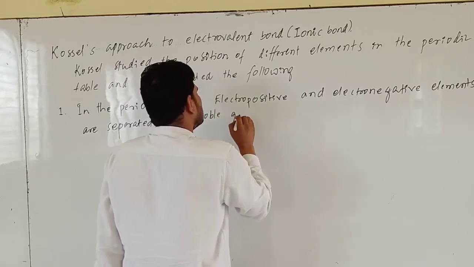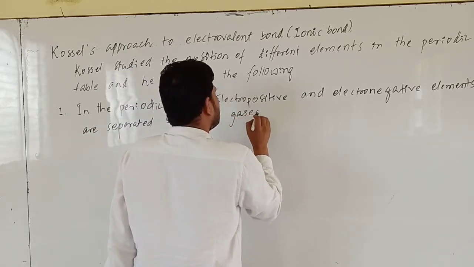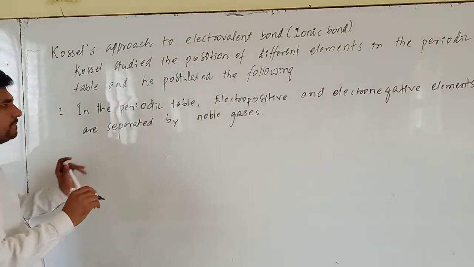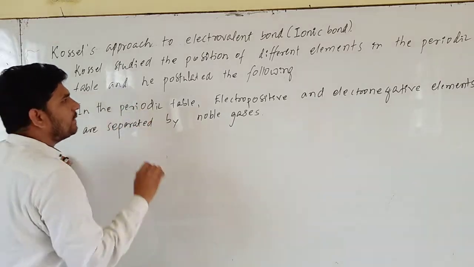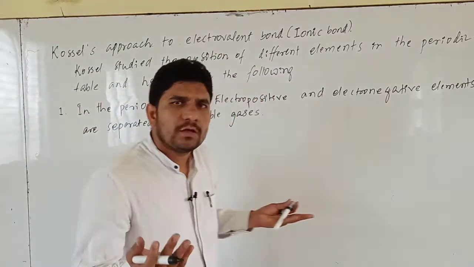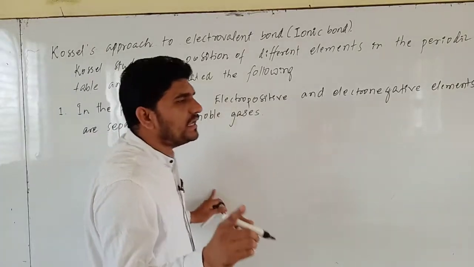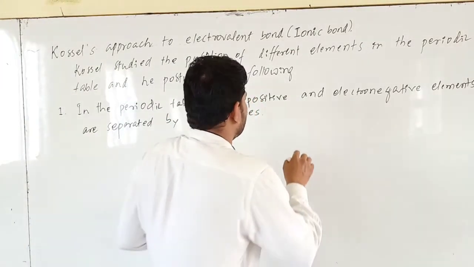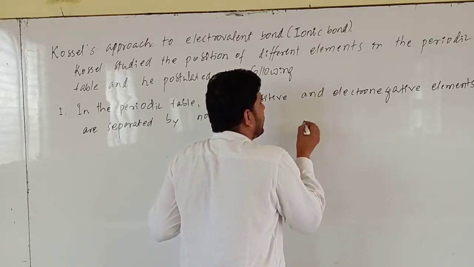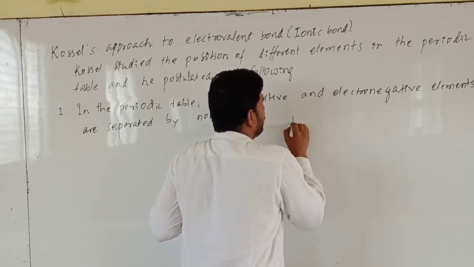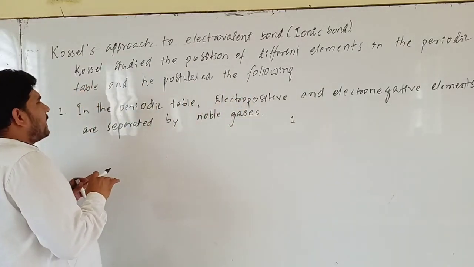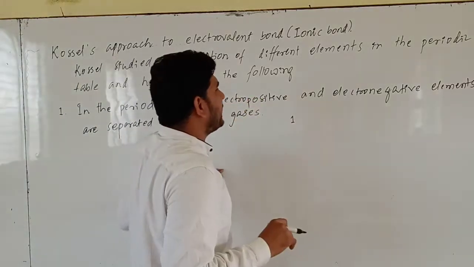This postulate looks a little difficult, but it's very simple. He told that in the periodic table, which are the highly electropositive elements? You know that alkali metals are highly electropositive. What is the group of alkali metals? Group 1.